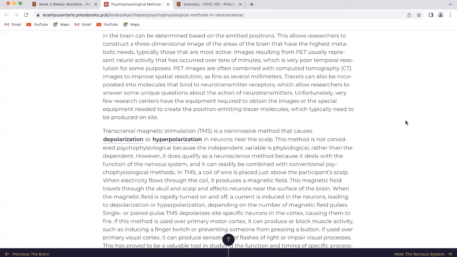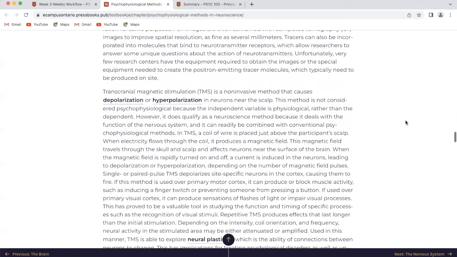Tracers can also be incorporated into molecules that bind to neurotransmitter receptors, which allow researchers to answer some unique questions about the action of neurotransmitters. Unfortunately, very few research centers have the equipment required to obtain the images or the special equipment needed to create the positron-emitting tracer molecules, which typically need to be produced on site.